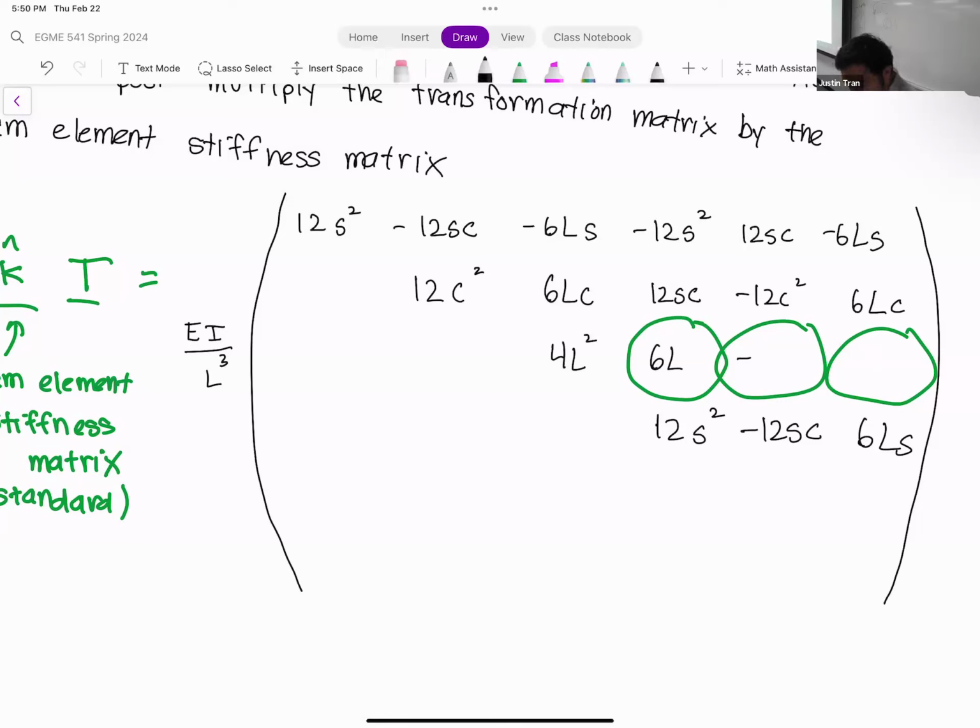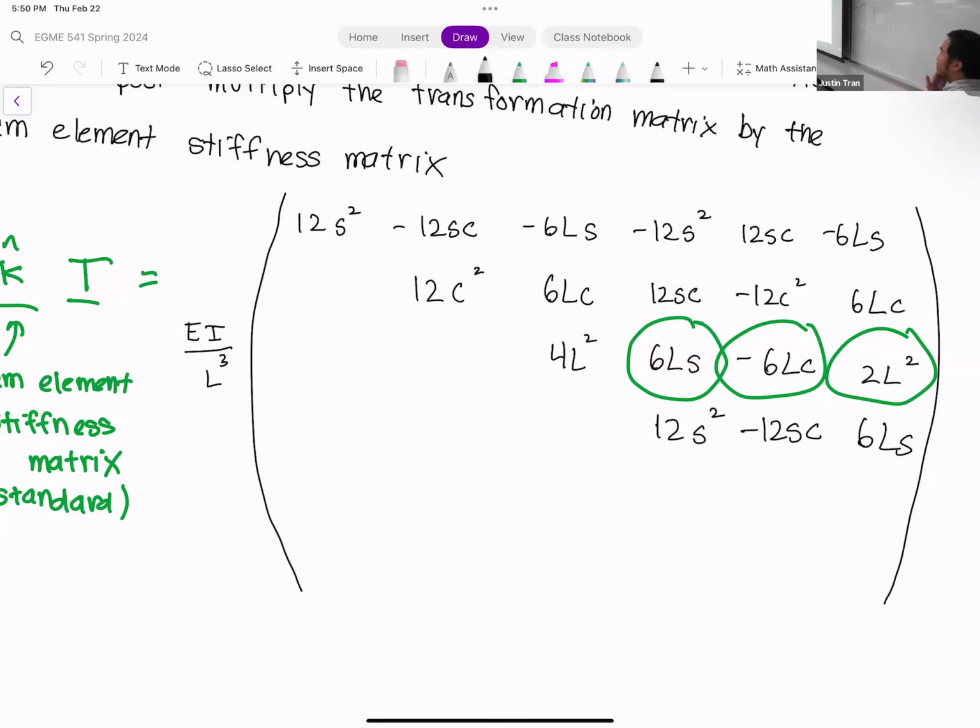Okay, so that row is 4L squared, 6LS, minus 6LC, and then 2L squared. Sorry about that, everybody. I'm just double checking. Even just copying it down from one sheet of paper to the next is a challenge. And then the next row, 12S squared, minus 12SC, 6LS. Yeah, okay.